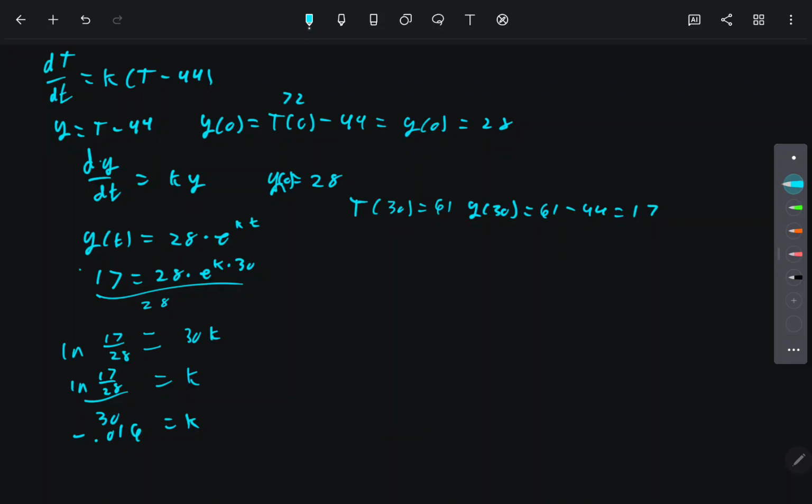Now what we want to do is use this to find the temperature in another half an hour.